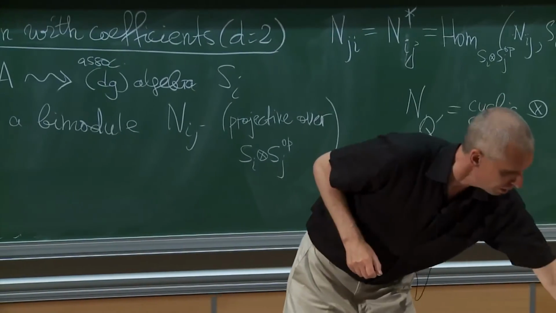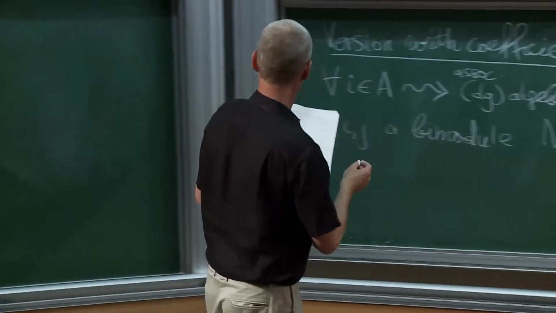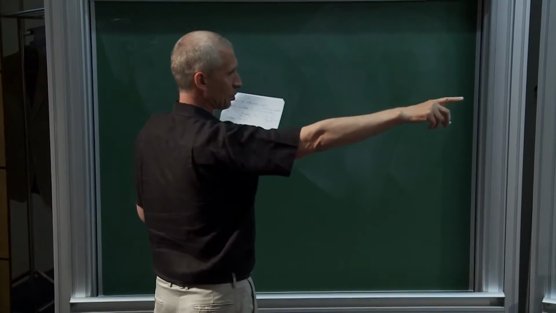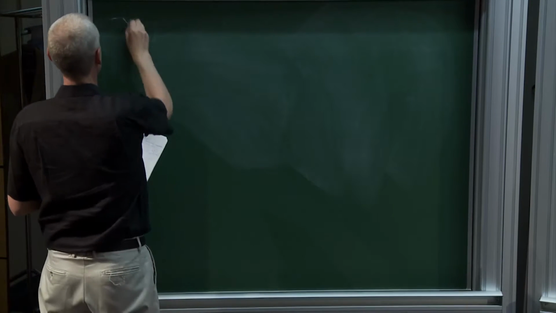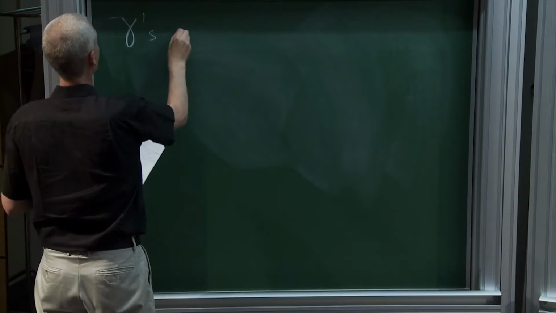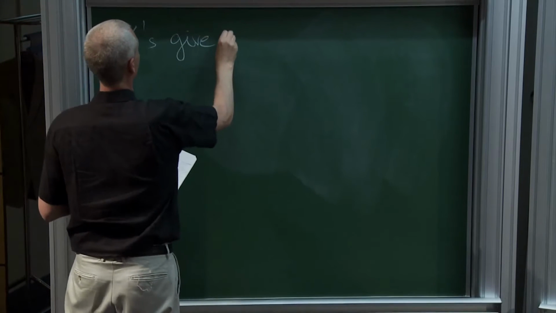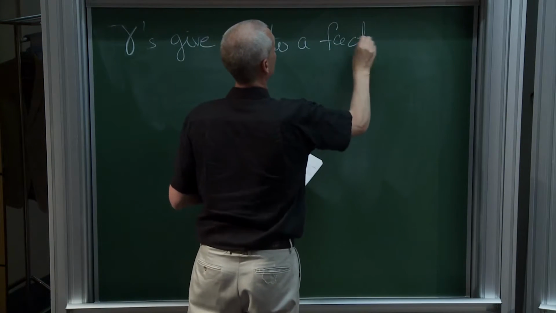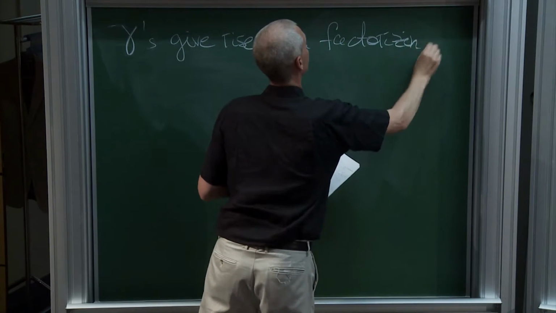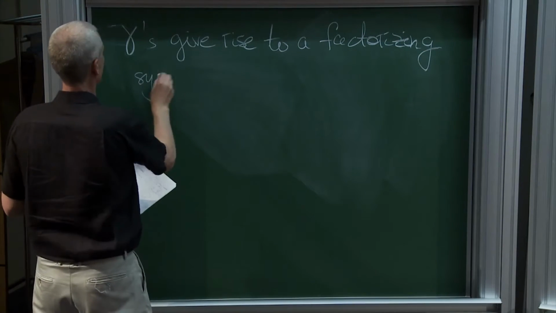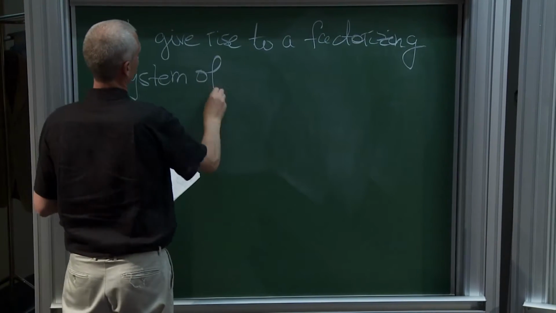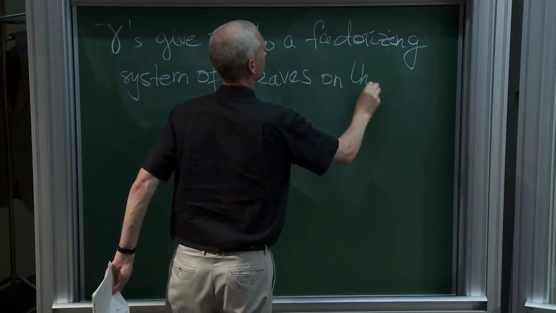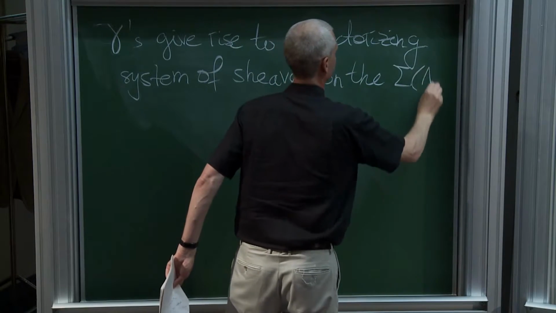So how much time do I still have? So we have those maps, those generalization maps, and the gammas give rise to a factorizing system of sheaves on the sigma of A prime.